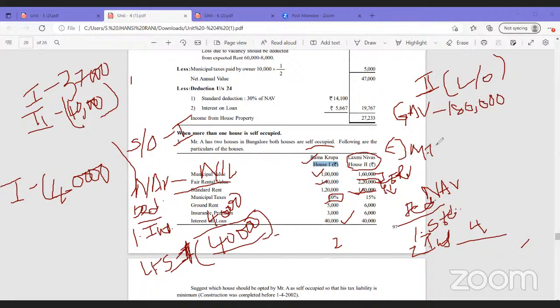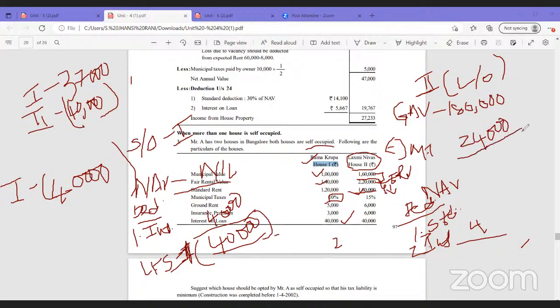Now, less municipal taxes, and municipal taxes, they said here 15%. 15% on what? 15% on municipal value or municipal rental value. So 1,60,000 into 15% comes to 24,000. 1,80,000 minus 24,000.